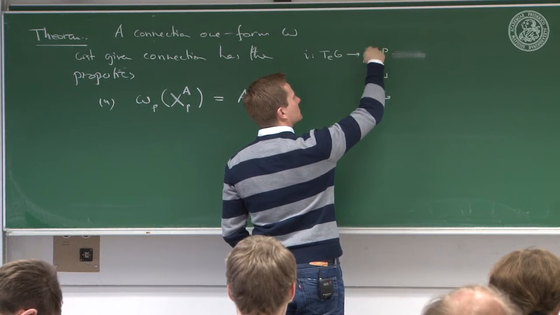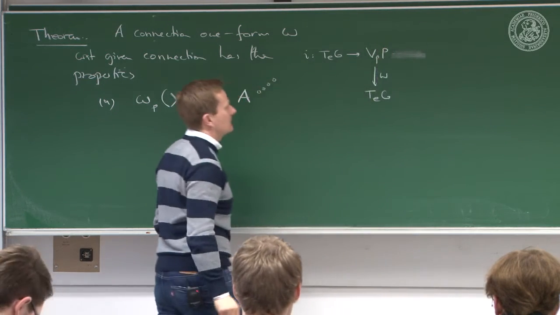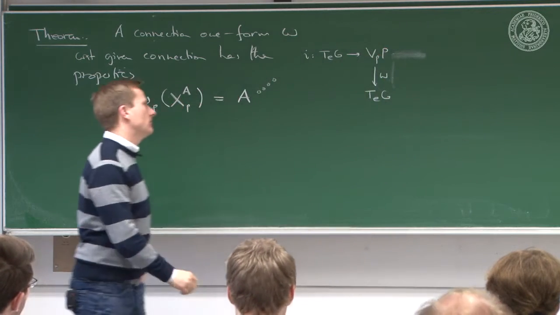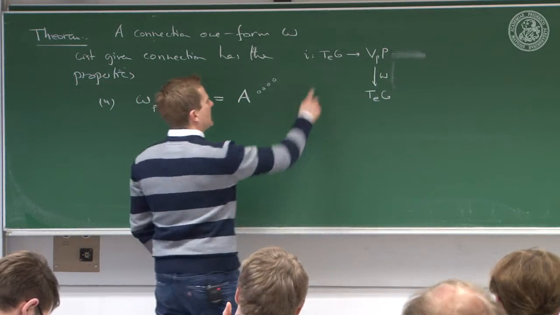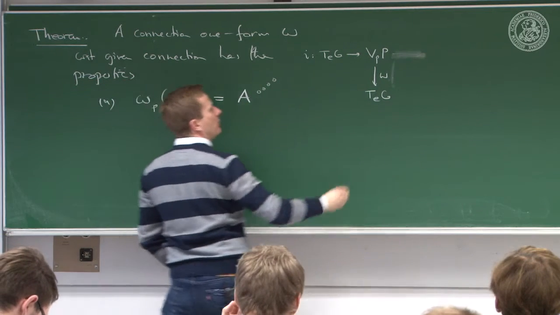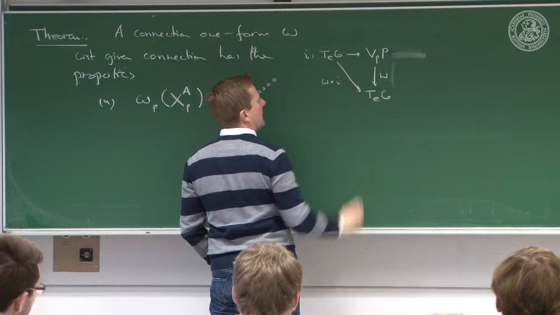Well, actually, the omega acts on the entire tangent space, but in particular, it acts on this vertical subspace. So you can say that's the restriction of the omega to the vertical subspace anyway. Then we get back the element A from the tangent space that we put in. So that is omega after I.